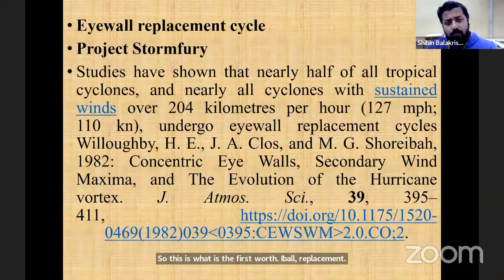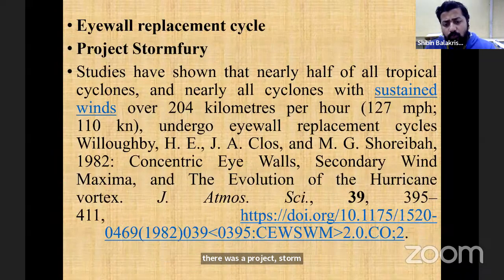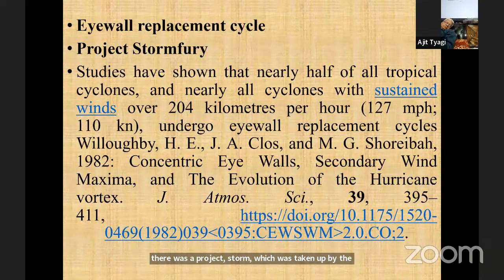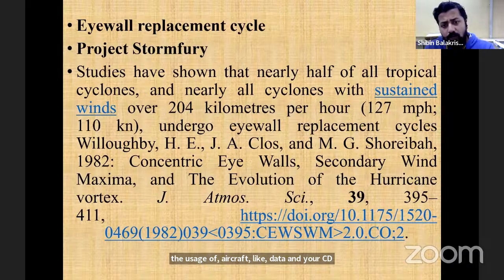There was an initial project, Project Storm Fury, which was taken up by the United States, using aircraft reconnaissance data and seeding methods to see whether this cloud banding is normal or is a part of tropical cyclone dynamics.